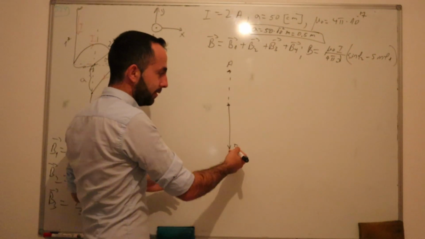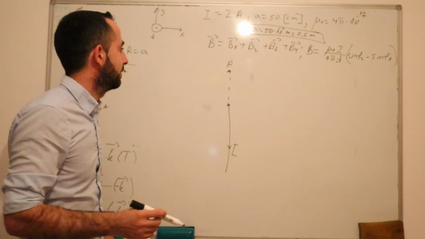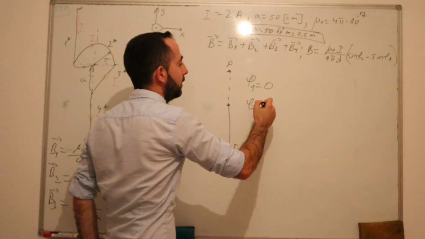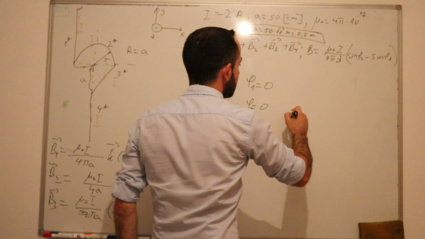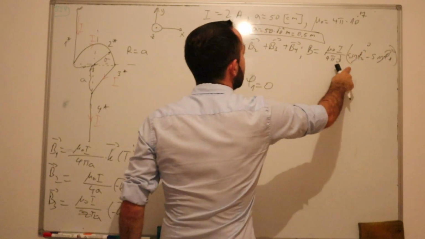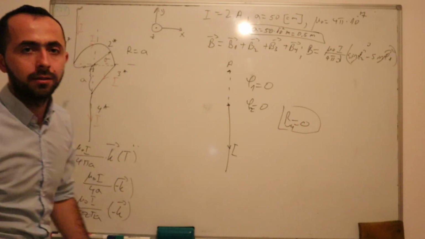I need to draw a normal. I cannot draw a normal. I cannot draw this distance, so it is a normal. We don't see any angles, so phi1 is equal to 0, phi2 is equal to 0. So our B, this is 0, this is 0, 0 times anything is 0. B4 is 0.